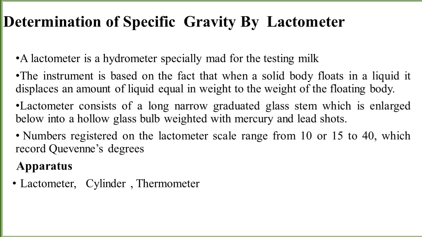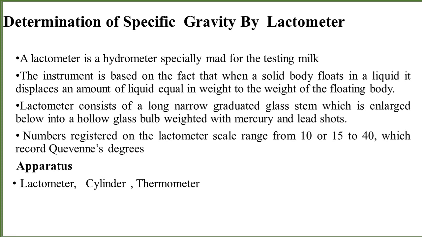Determination of the specific gravity by lactometer. A lactometer is a hydrometer specially made for the testing of milk. The instrument is based on the fact that when a solid body floats in a liquid, it displaces an amount of the liquid equal in weight to the weight of the floating body.